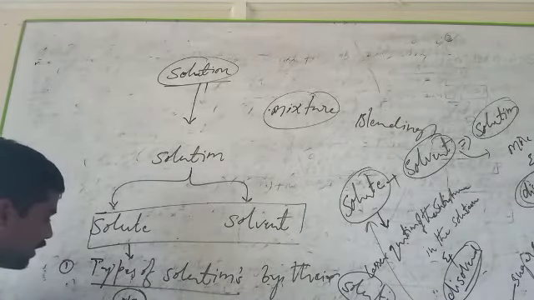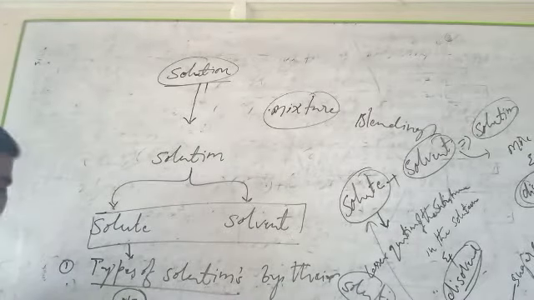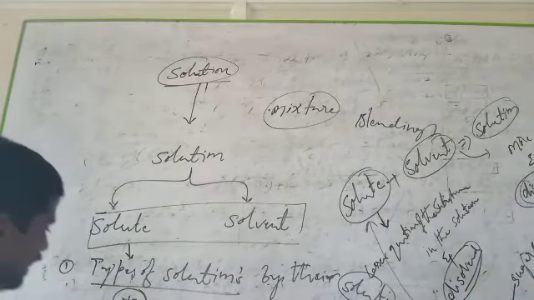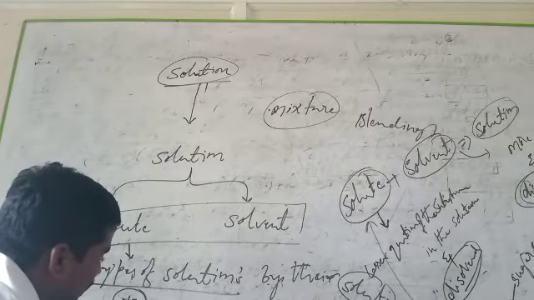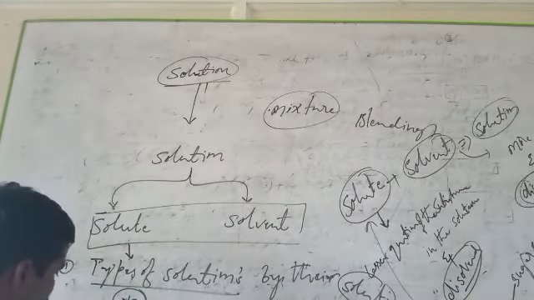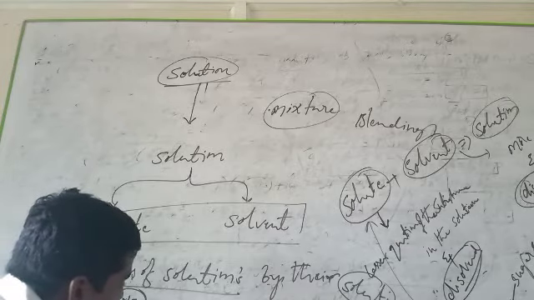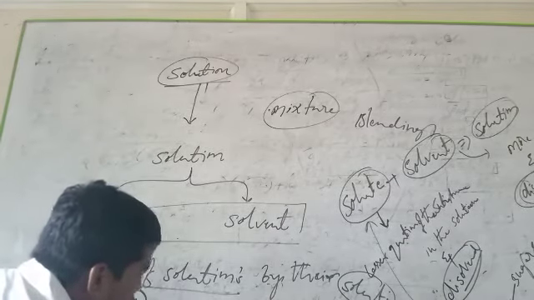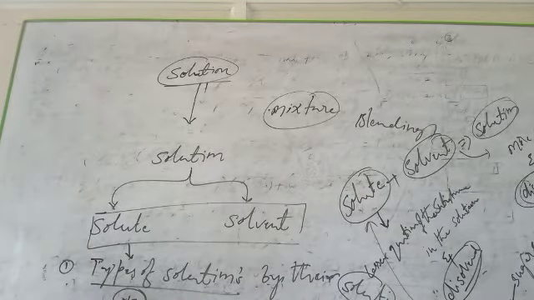The first one, binary solution, the second one, ternary solution, and the third one, quaternary solution. Binary solution, ternary solution, quaternary solution.